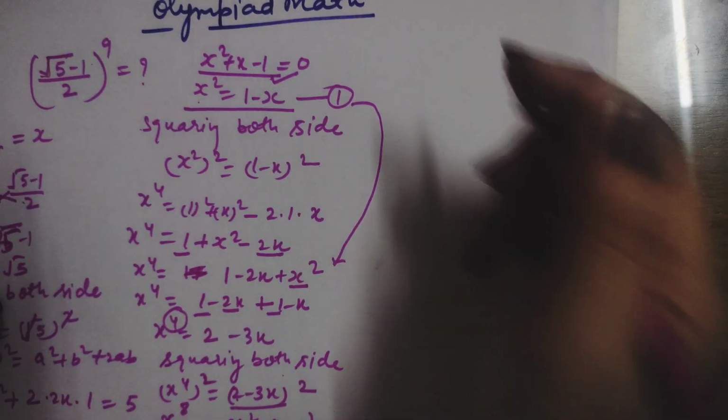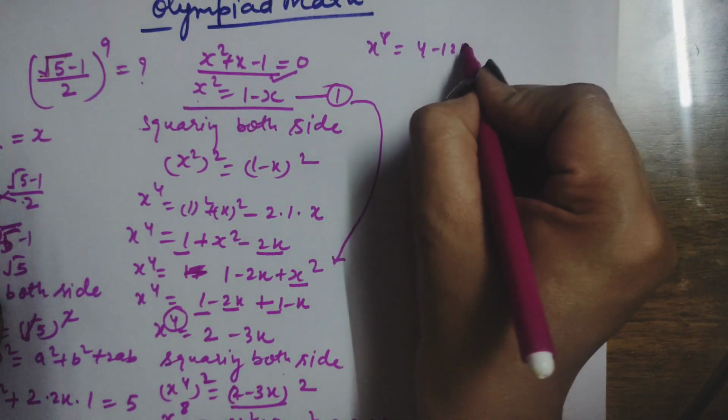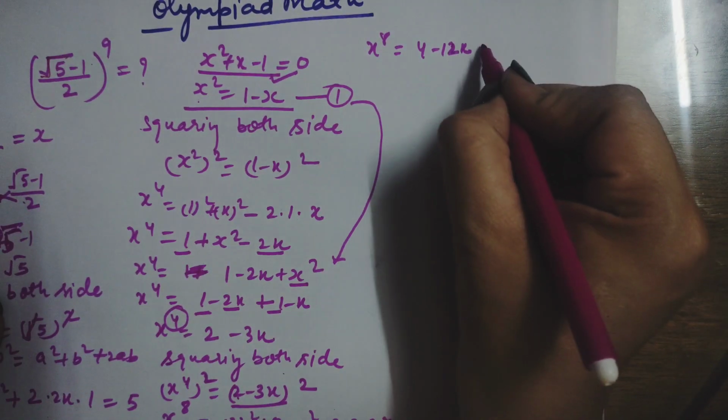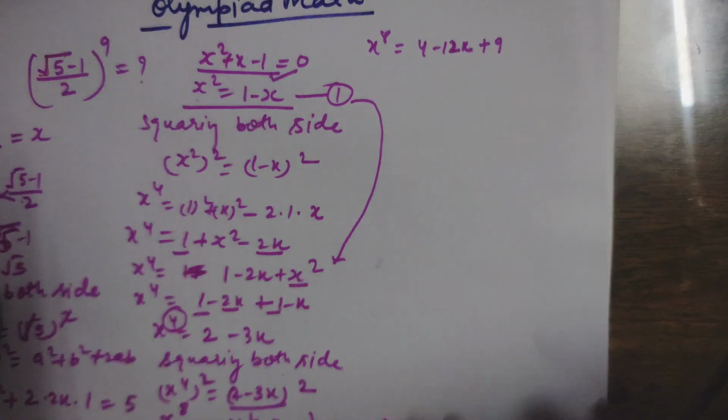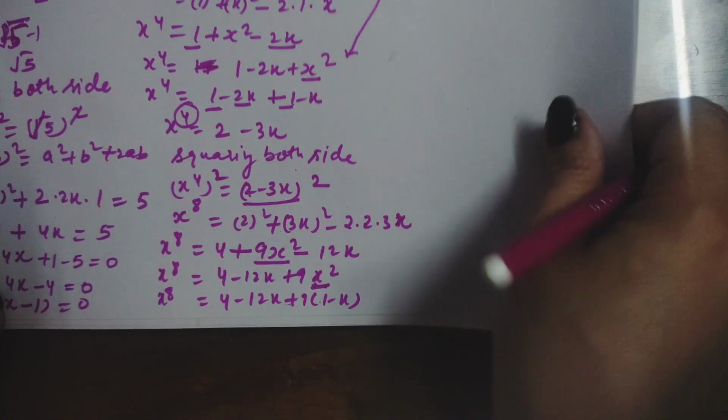After that, x power 8 equals 4 minus 12x plus 9, the 9 goes inside, 9 times 1 is 9 and minus 9x.